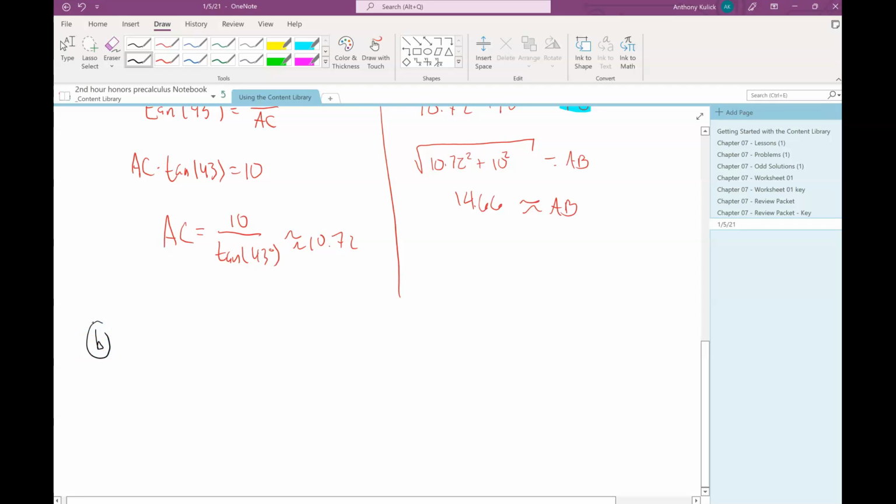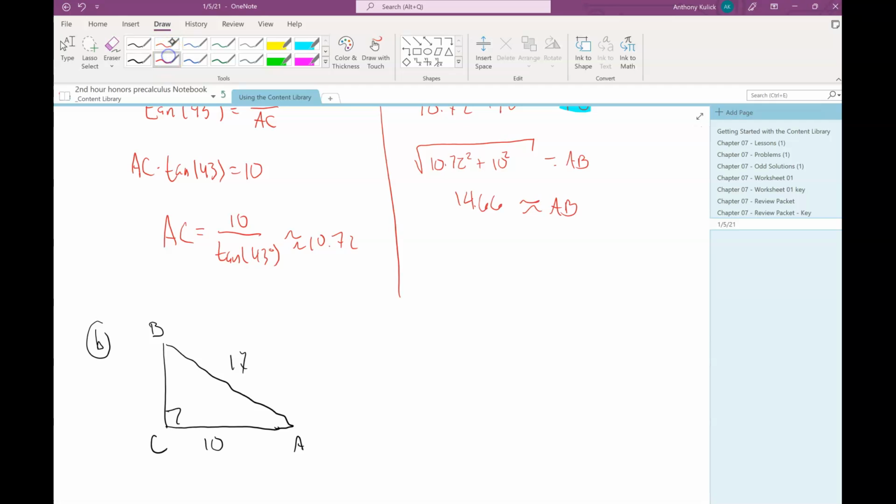Okay. The other situation is where we have something like this, where you're given two side lengths and we want to solve the right triangle.